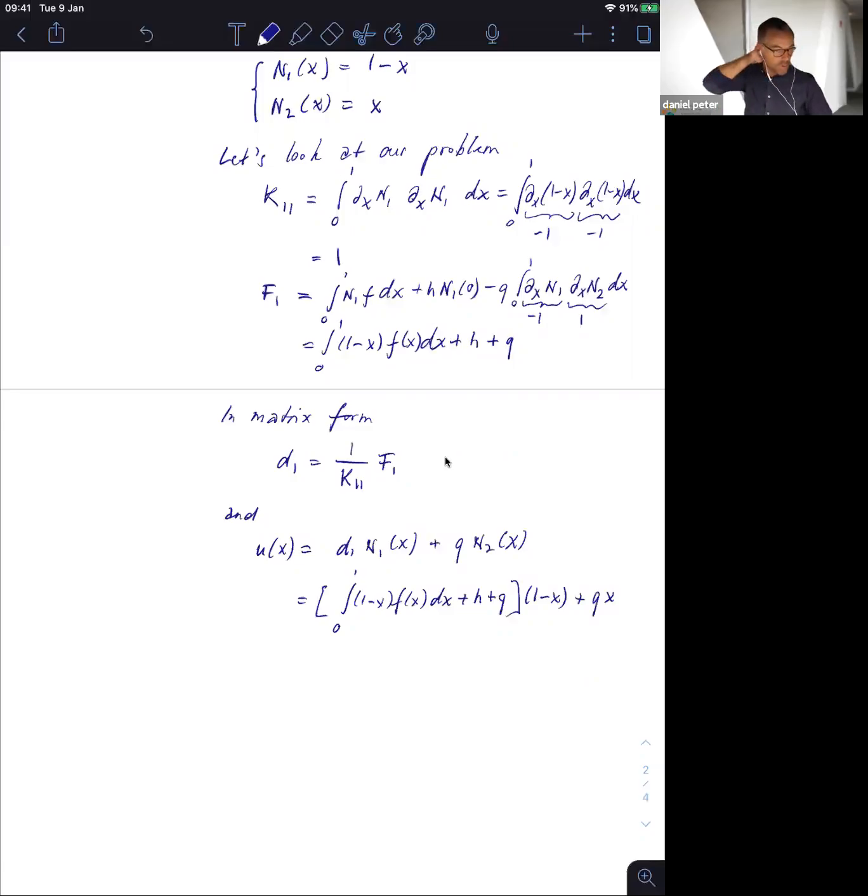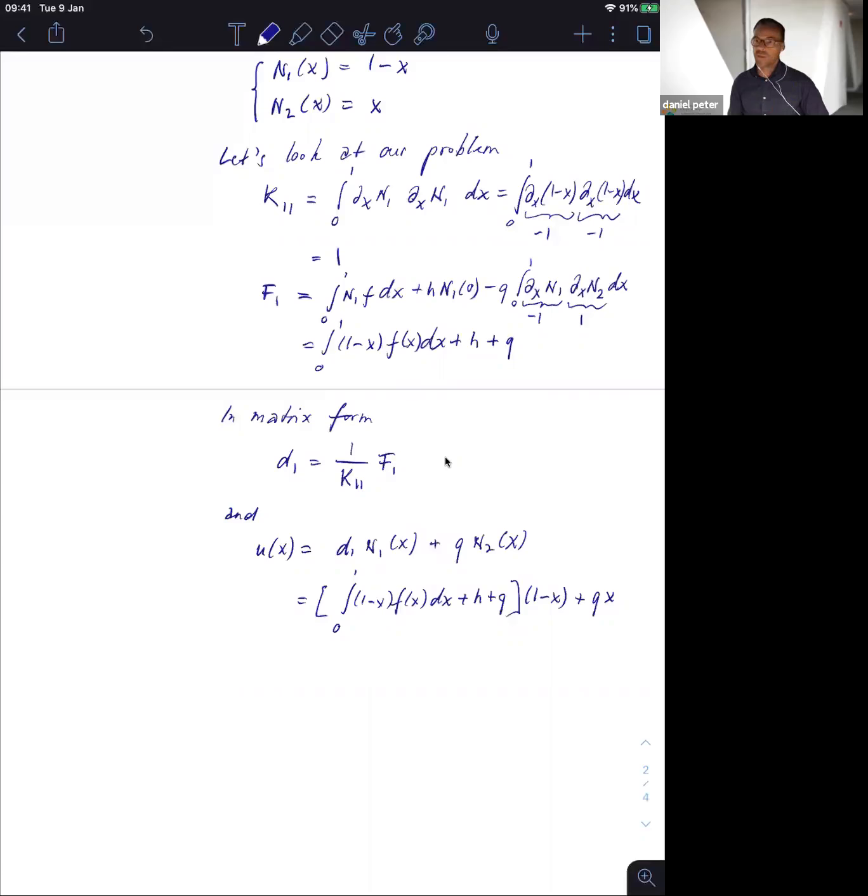So if you look at the analytical solution in the notes, you see we have the analytical solution for this problem. Note that if f of x is 0, we can neglect that integral term here. Compare that with the analytical solution.